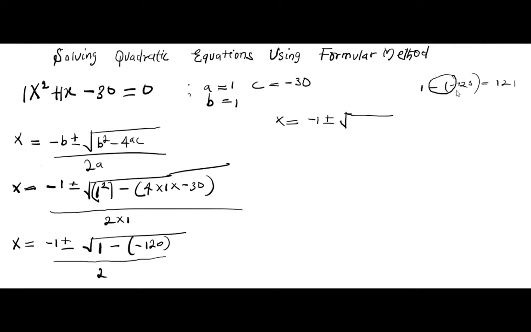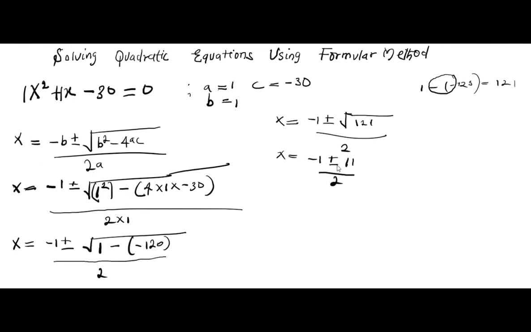So you have 1 plus 120 and you have 121. So here is 121 divided by 2. So your x equals to negative 1 plus or minus square root of 121 is 11. So you have your 11 all over 2.